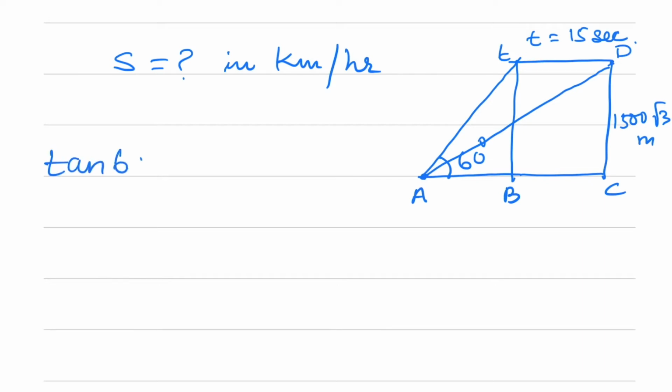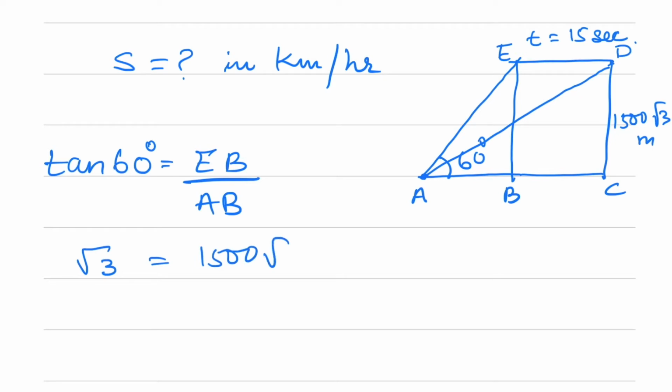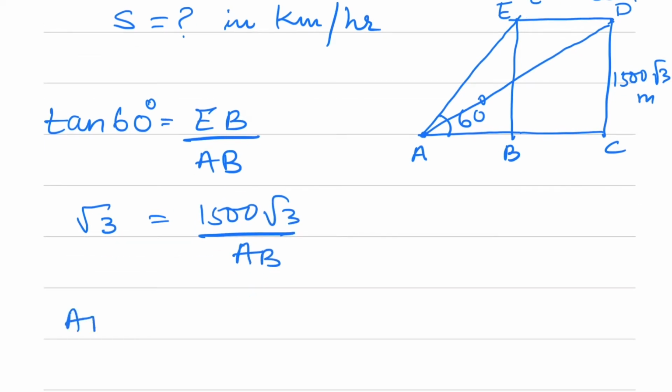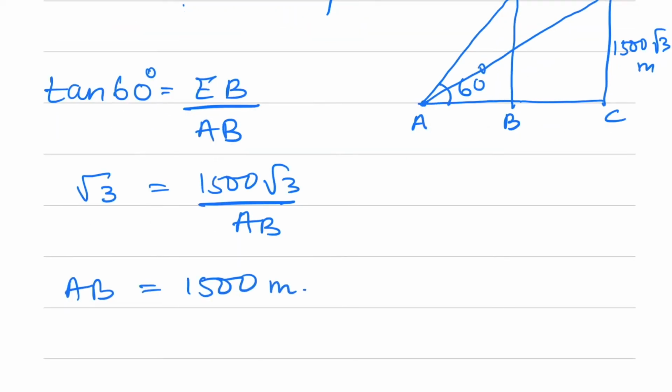Tan 60 degree is equal to EB by AB. So tan 60 degrees root 3 and EB is 1500 root 3 by AB. So AB is equal to 1500 meters. Now let's find out tan 30 degree.